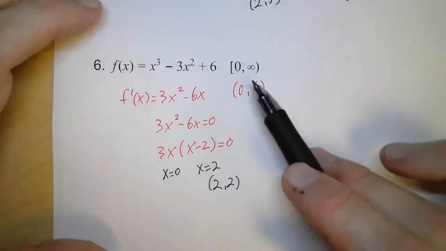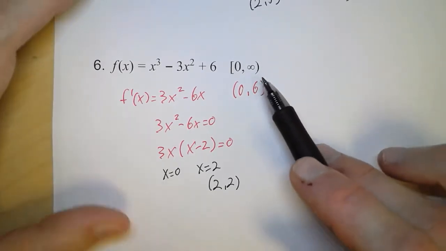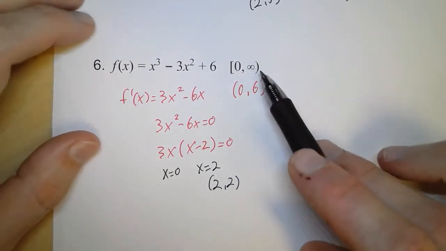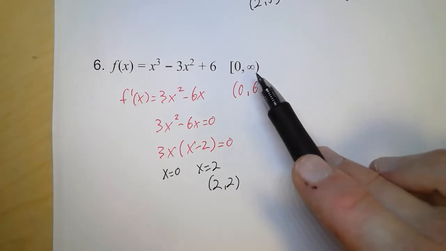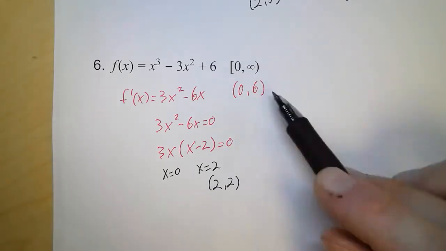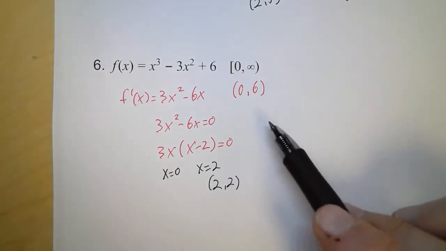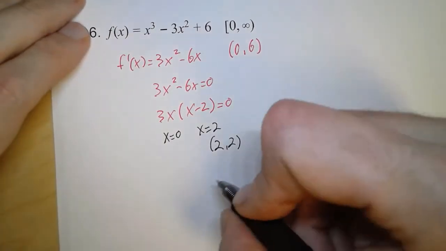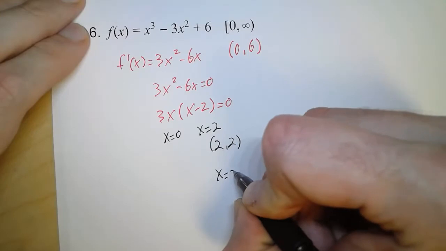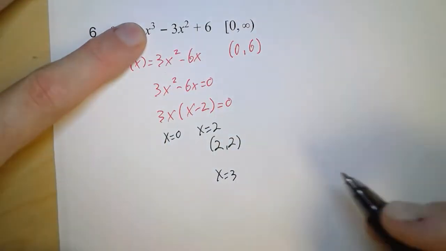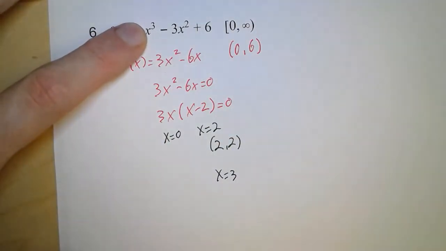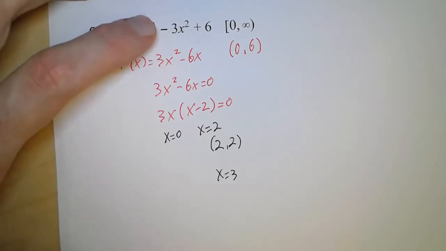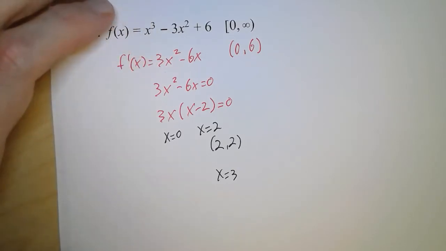Now the thing to be cautious of, when you have an open interval, the function could be growing forever. And so we need to check to see, are these actually the highest and lowest values on the interval? So what if I picked a value of 3? If I substituted 3 here, that would be 27 minus 27 plus 6.